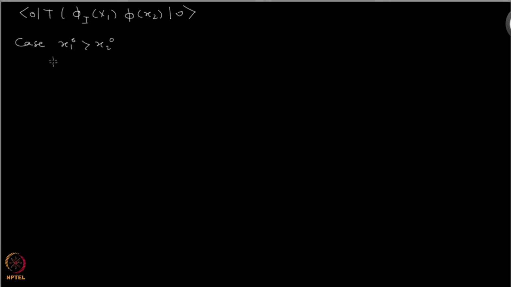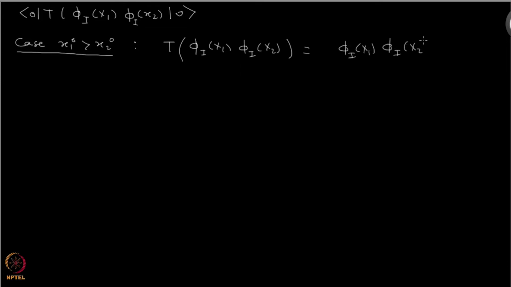In that case, the time ordered product of phi I x1 and phi I x2 is just phi I x1 phi I x2, because this one has a larger time, so it sits to the left, and this one has a smaller time, so it sits to the right. That's the definition of time ordered product.